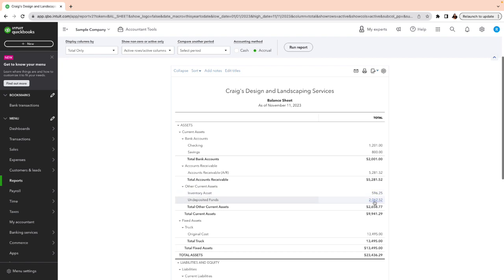Okay, now undeposited funds. Remember, undeposited funds, it's so important to keep it clear. Undeposited funds are payments that have been recorded as paid but have not been deposited and matched in the bank yet.